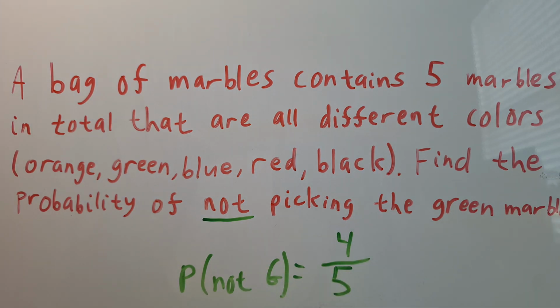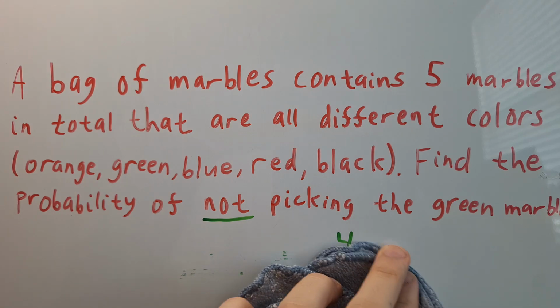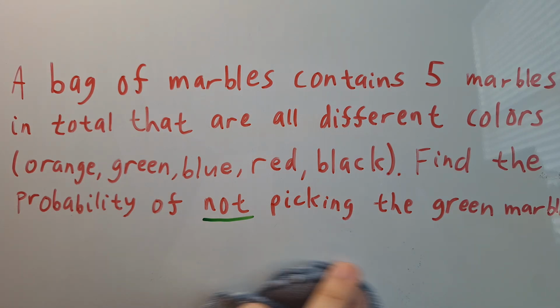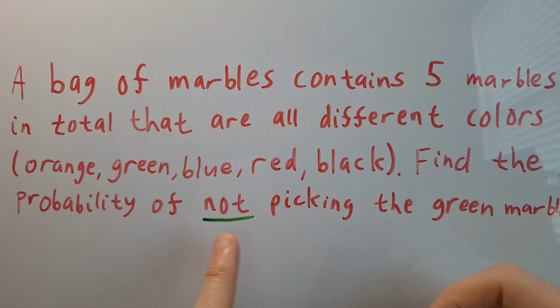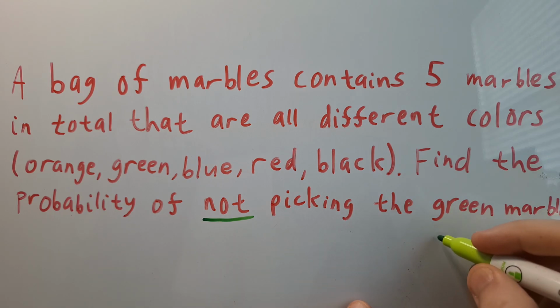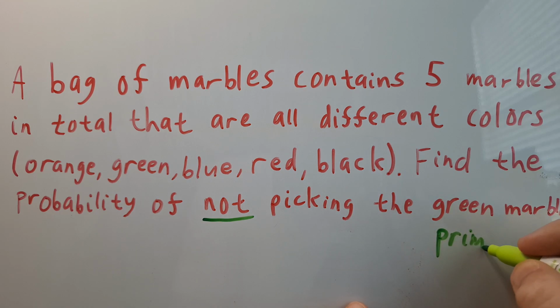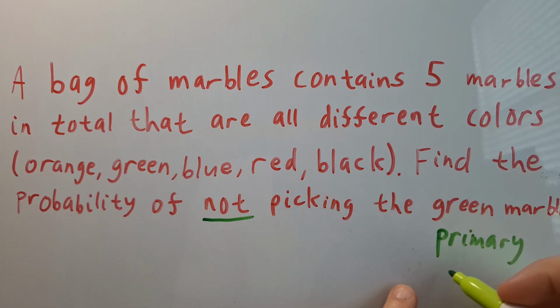Another example, if I wanted to get a little creative in terms of what I'm looking for, let's look at the probability of not picking a primary color. That's a throwback, primary colors. Remember, primary colors are red, yellow, and blue.